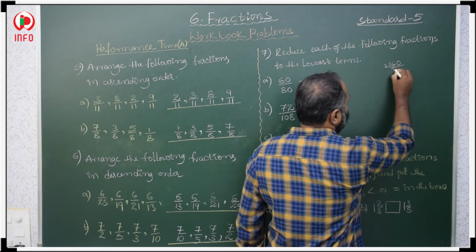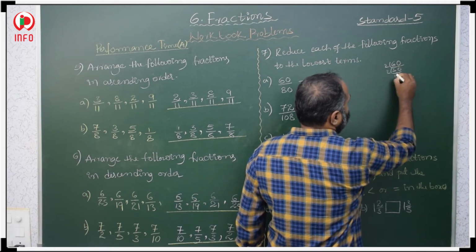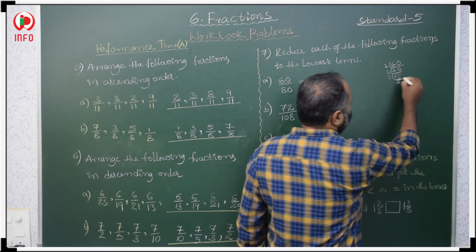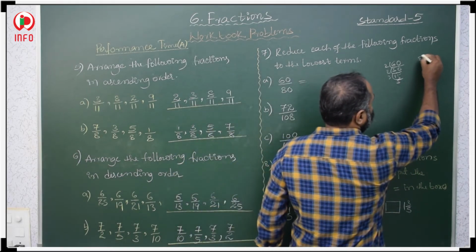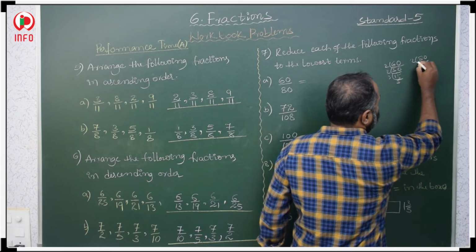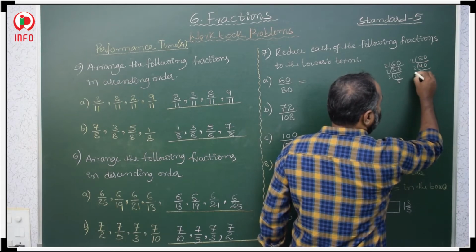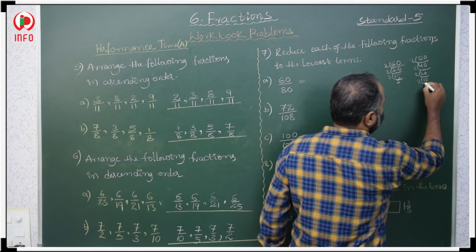Divisible by 2, 2 30s are 60, divisible by 2, 2 15s are 30, divisible by 3, 3 5s are 15. In the same way, 80 prime factors: 2 40s are 80, again 2 20s are 40, again 2 10s are 20, again 2 5s are 10.